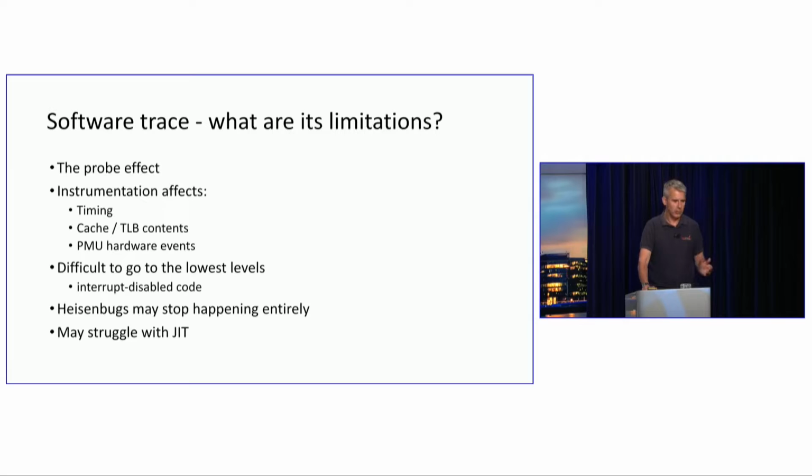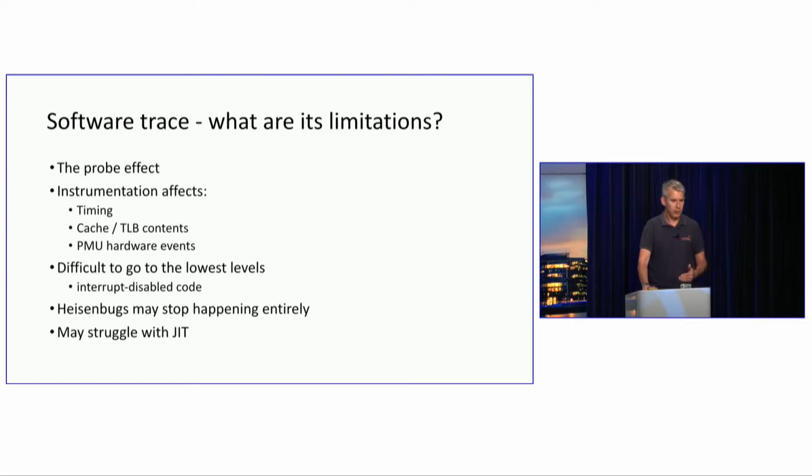Once you start putting software instrumentation in there, you start disrupting things. I mean, timing, obviously, because you're executing more code, but also you're affecting the cache footprint. You're executing more code, you're pulling in data, perhaps you're writing to a ring buffer. That can all have an effect. It can, in some cases, perhaps cause the effect that you were looking for to go away.